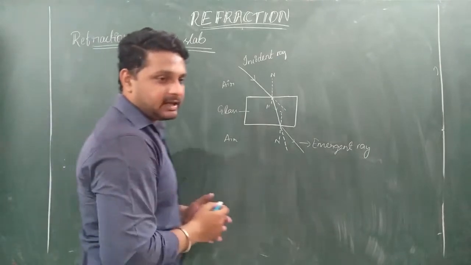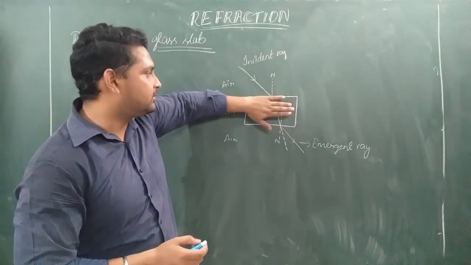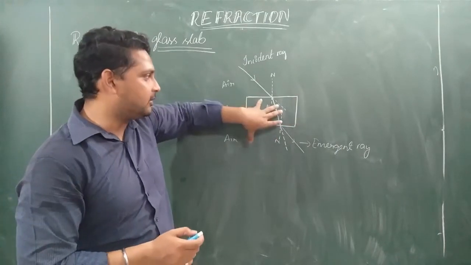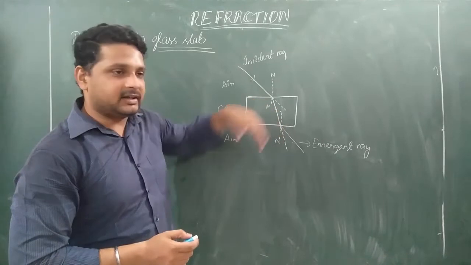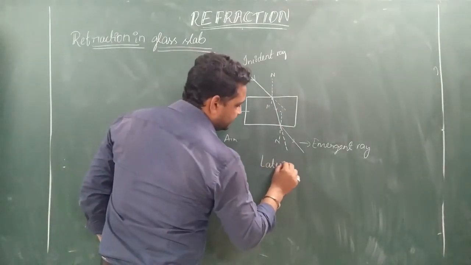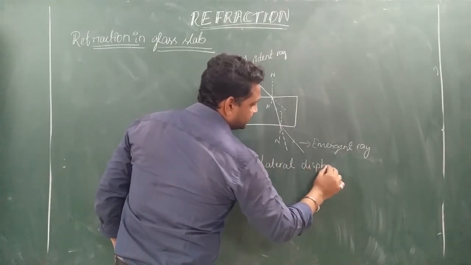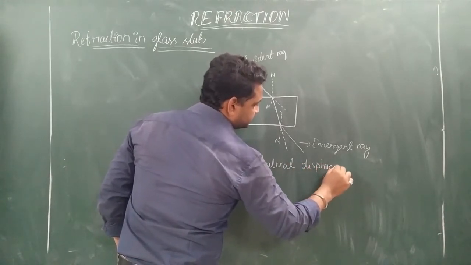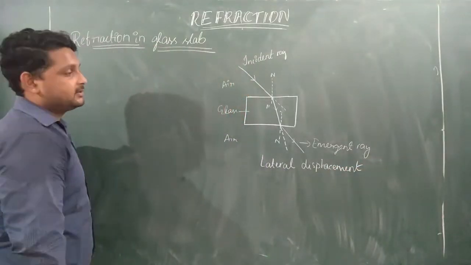They don't lie in the same line, but they are parallel. If we remove the rectangular glass slab, there is a displacement taken by the light ray. This displacement is called lateral displacement or lateral shift.